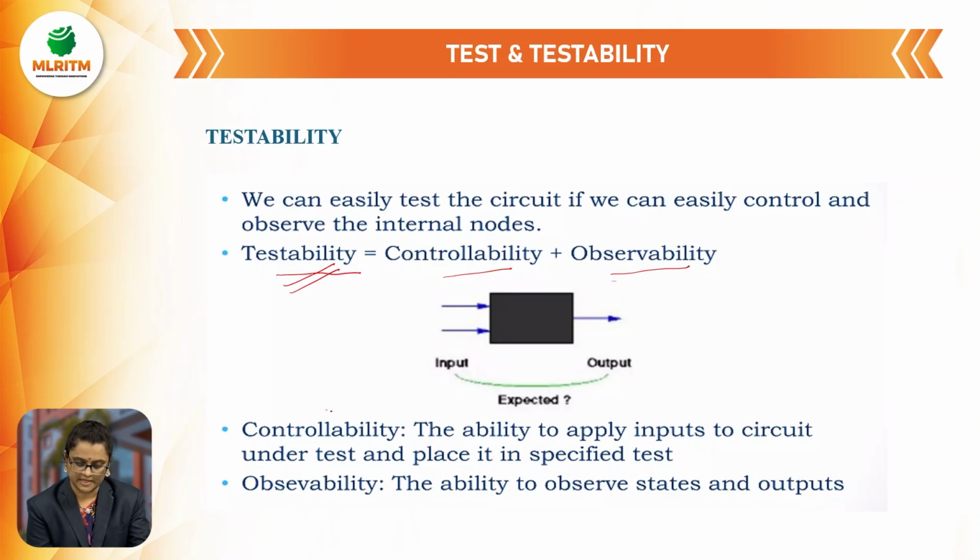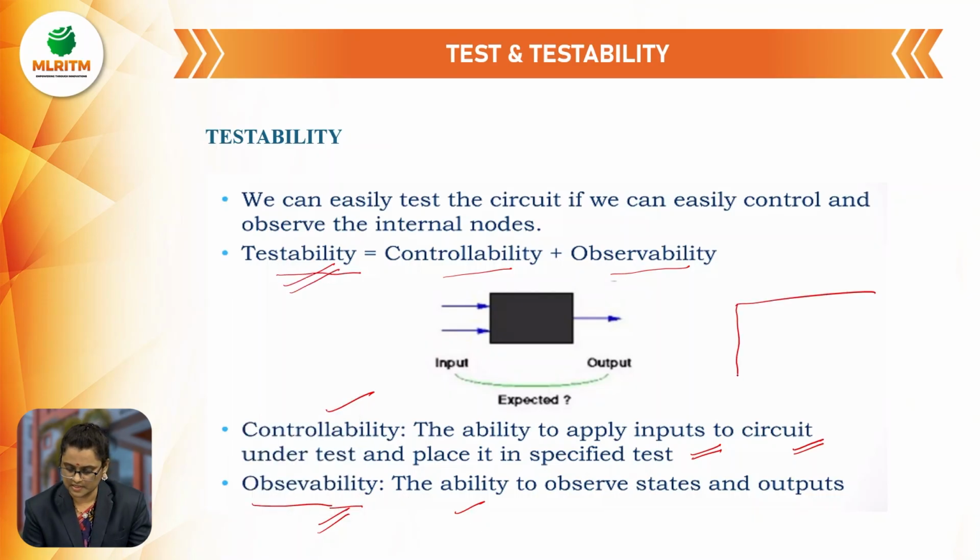Controllability is the ability to apply inputs to the circuit and place it in a specified test state. Observability is the ability to observe the states and outputs. Controllability means we control the inputs to get the outputs. Observability means we observe the internal nodes and output nodes.